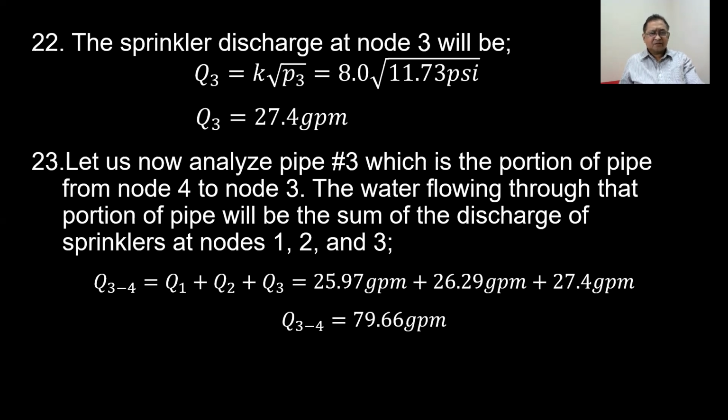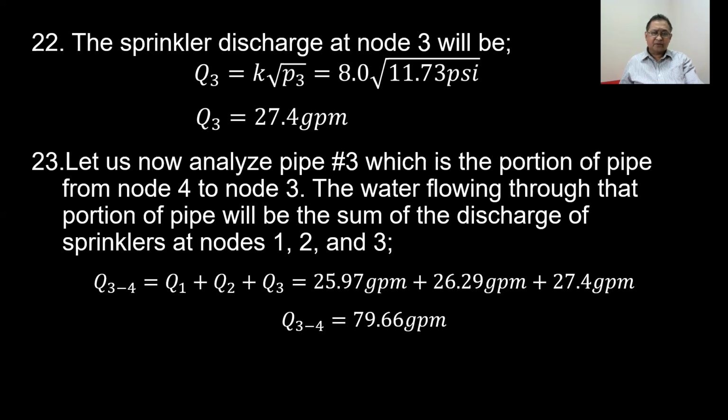Then let us go now to pipe number 3, which is a portion of pipe from node number 4 to node number 3. And water flowing through that portion of pipe will be the sum of the discharge of the 3 sprinklers, nodes 1, 2, and 3.